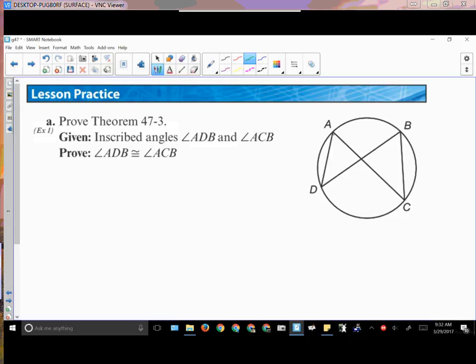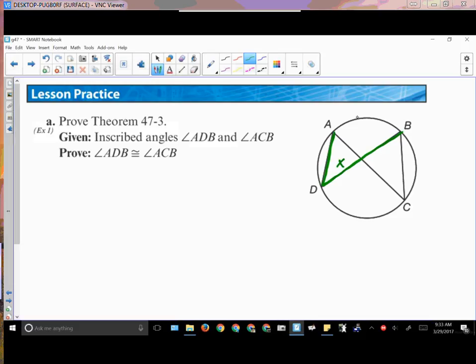If I have angle ADB, by the way, do I know what angle it is? Do I know what the angle measure there for ADB is? No. So what could I put down to represent that I don't know it, but there is an angle measure? An X, yes. I can put an X down here.